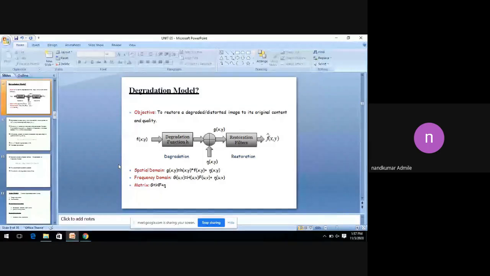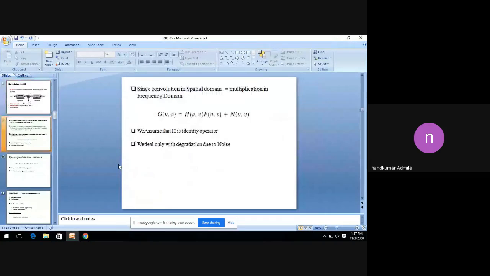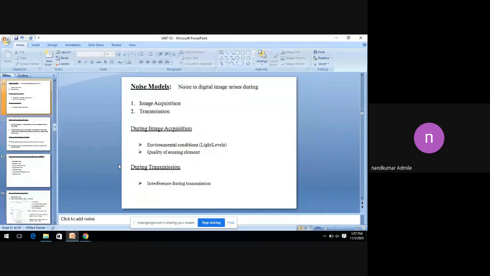The second point is the different types of noise models. First we study how the noise can be added in an image. There are two possibilities: at the time of image acquisition and at the time of image transmission, the noise can be added in the image.